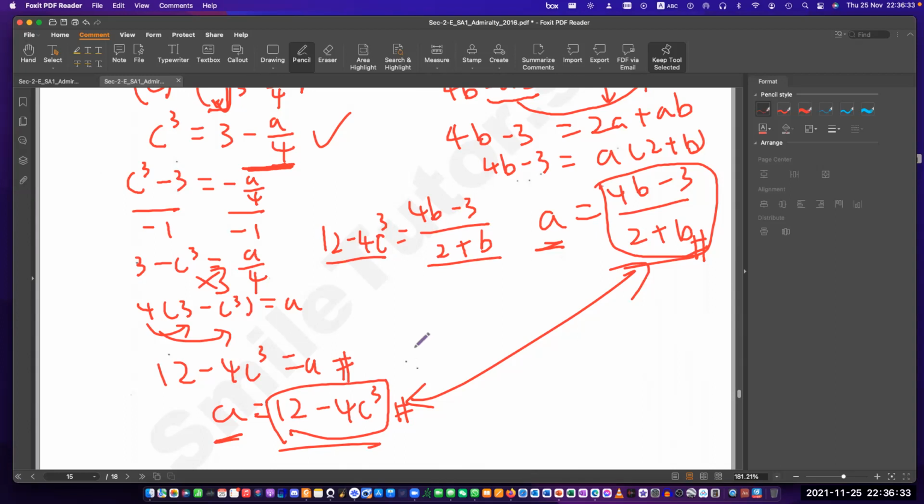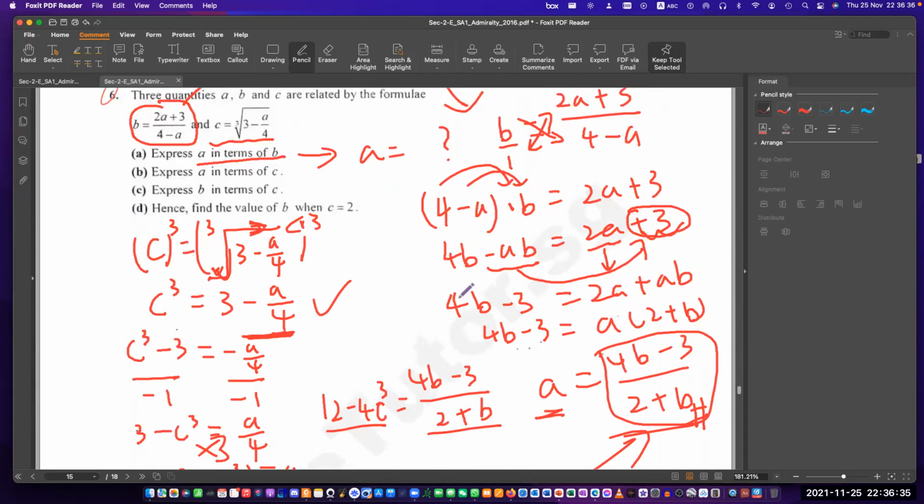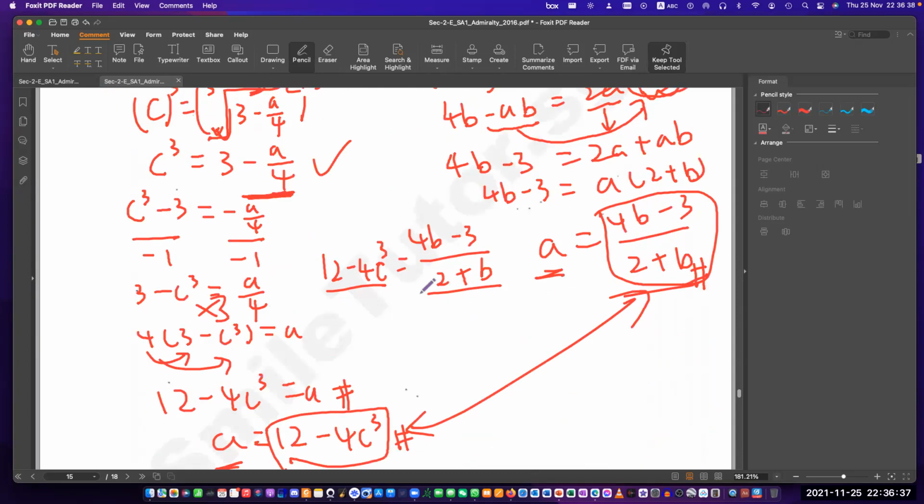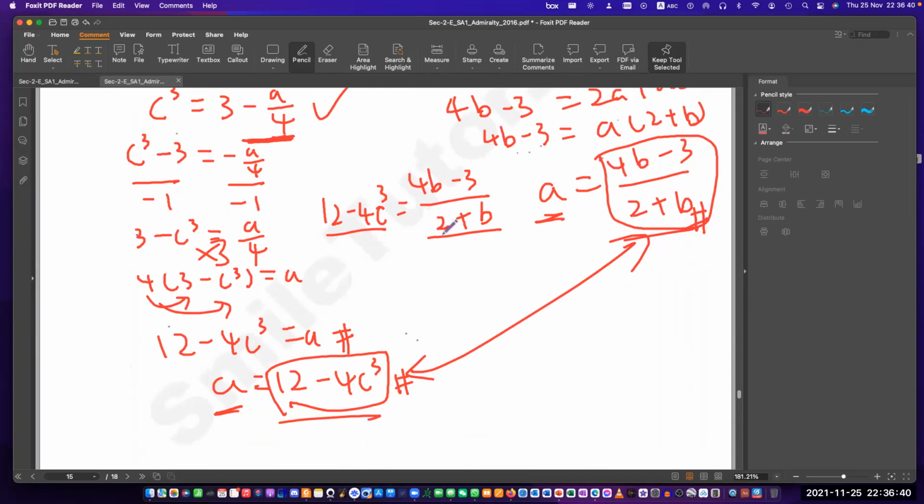So far so good. Now they say, make B the subject. So that means you need to get this into B equals something. I'm going to do it on PowerPoint.